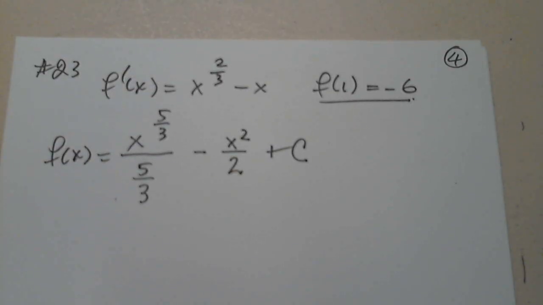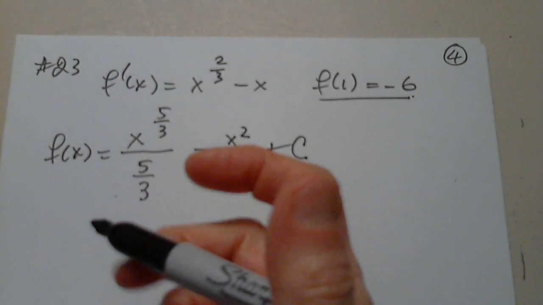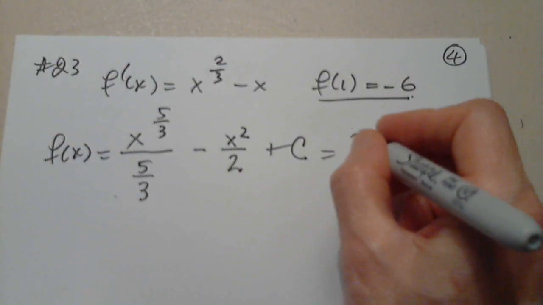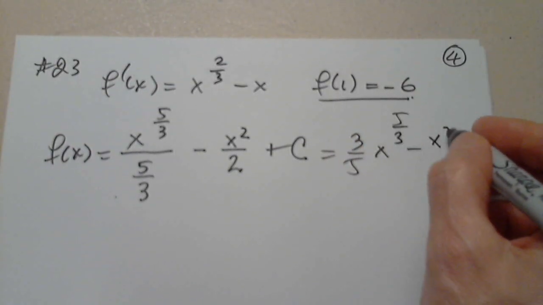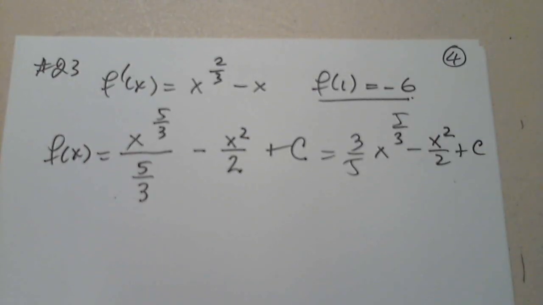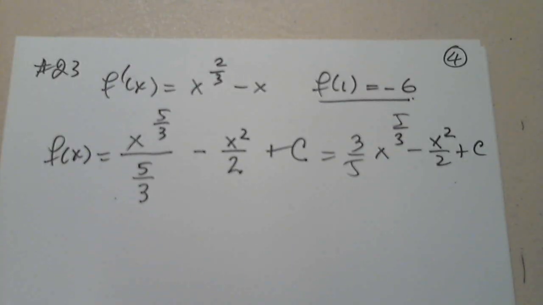Is this okay? So this is the most general antiderivative. I will rearrange it, flipping the denominator. So it's 3/5 x to 5/3 minus x squared over 2 plus a constant c. And this is the most general antiderivative.